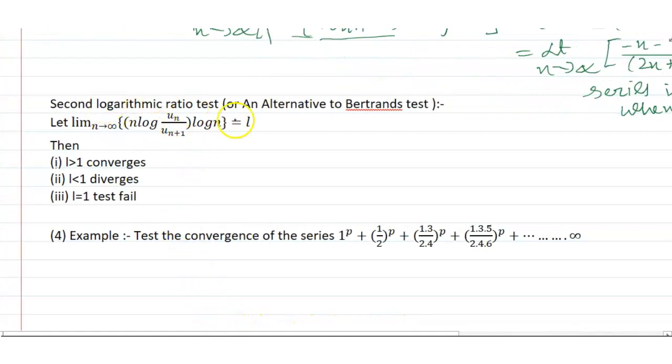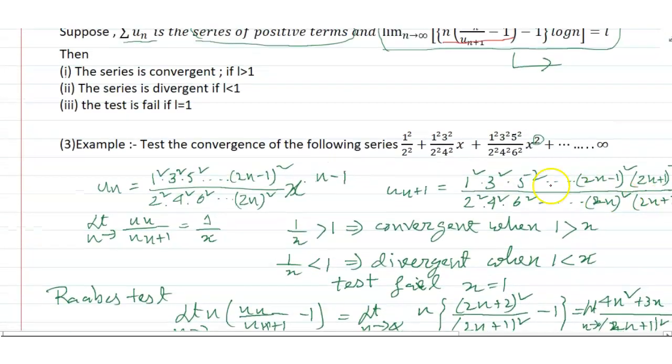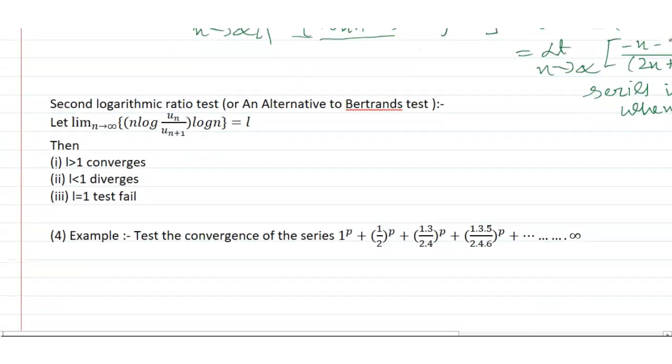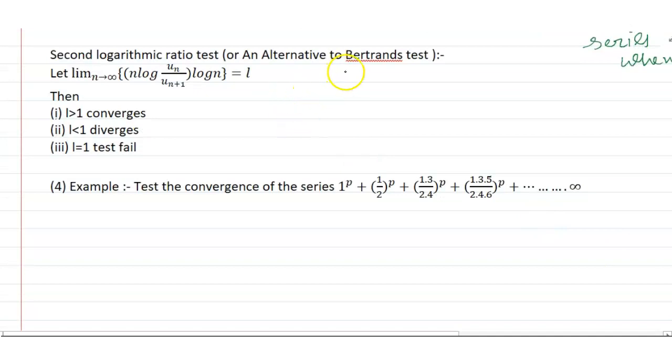Now again I shall discuss the alternative, Bertrand test. Means when n into log (u_n divided by u_{n+1}) log n. You have to remember that when Raabe's test fails, then we use Bertrand test, and when the logarithmic test fails, then we apply Bertrand test. Now you will see the same conditions.